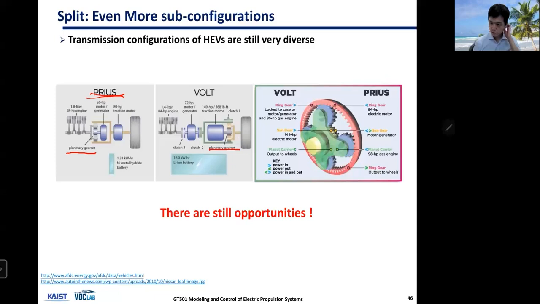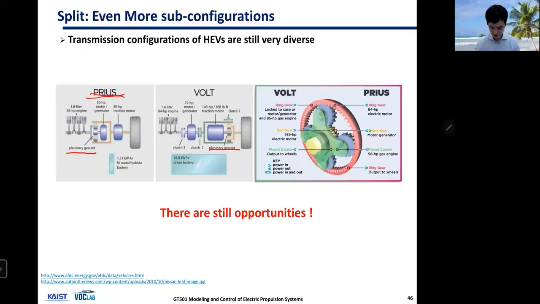So there are 4 components: engine, motor, generator, and the vehicle, the wheel. If we use one planetary gear set, you have 3 shafts coming out of one PG: ring gear, sun gear, and carrier, planet carrier.